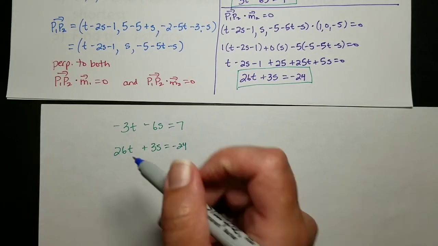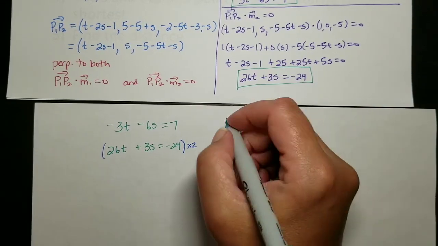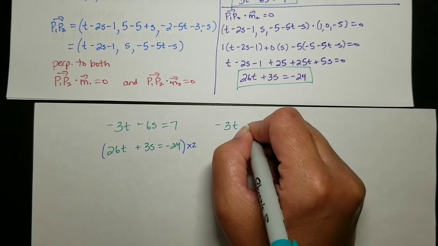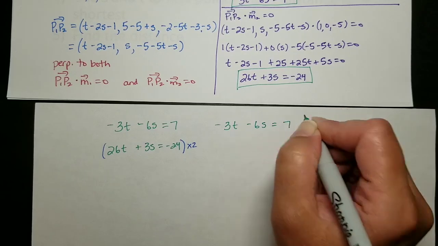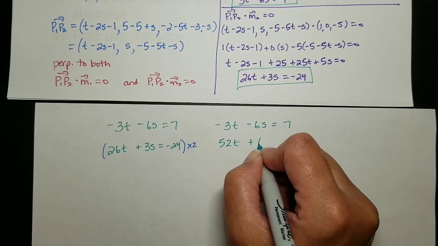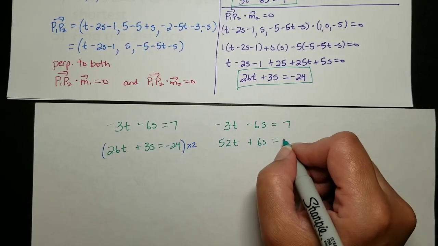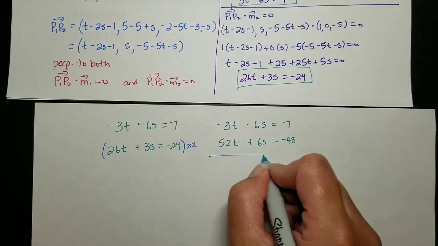I'm going to do elimination and multiply this one by 2. So negative 3t minus 6s equals 7, and 52t plus 6s equals negative 48.